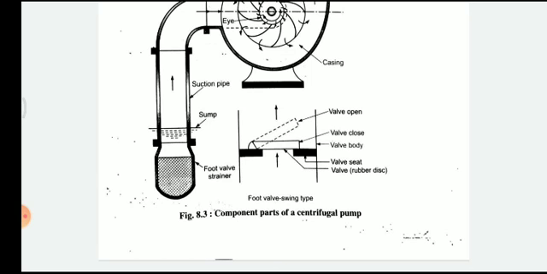The black part is the valve seat, or this is a rubber disc. So these are the components.